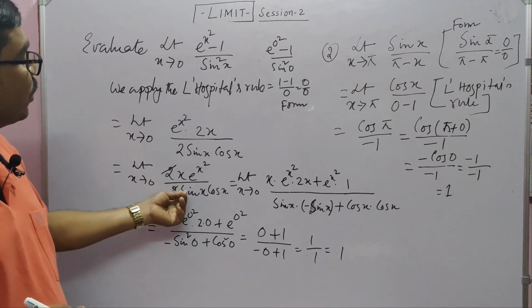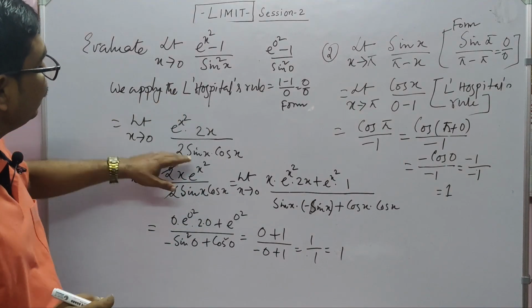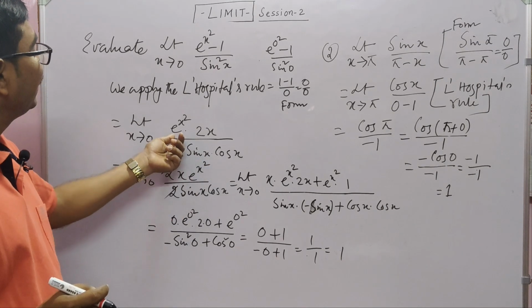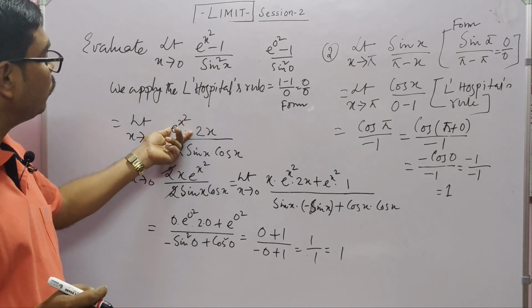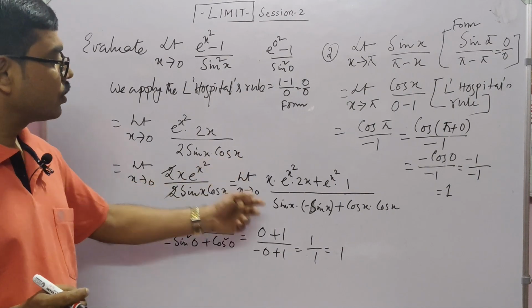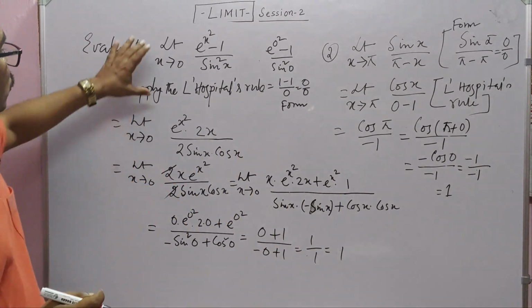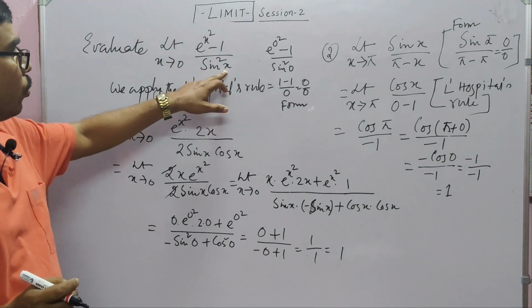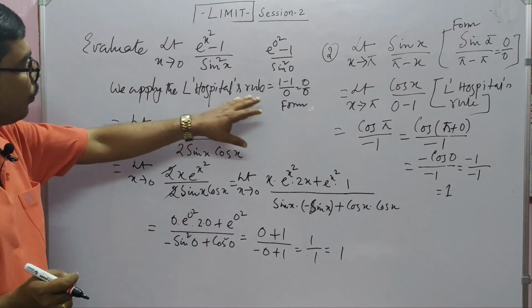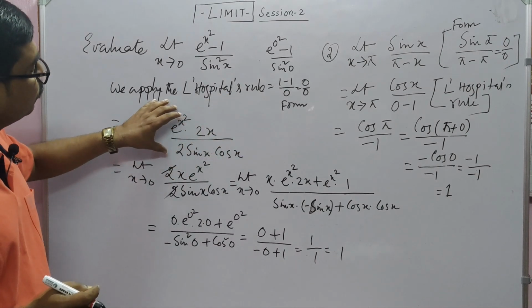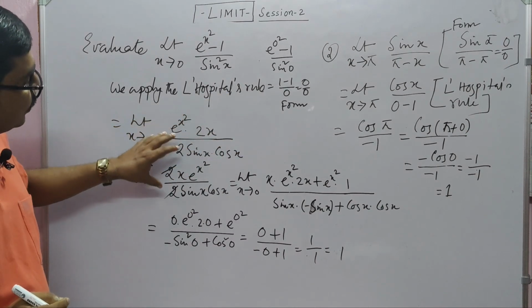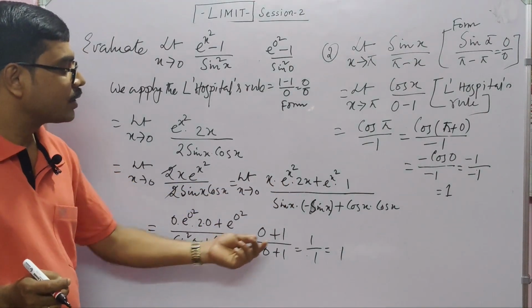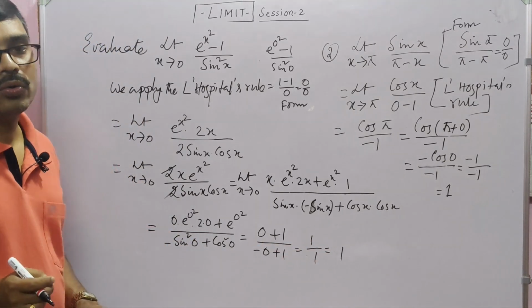Okay, see here, if we had done a simple derivative, sin x by x equals 1, e to the power 0 means 0 plus cos 0 is 1, so the result is now 1. So the limit x tends to 0 of e to the power x square minus 1 by x square, we apply L'Hopital's rule. After the first derivative, the second time we differentiated using the uv formula, and ultimately the result is 1.